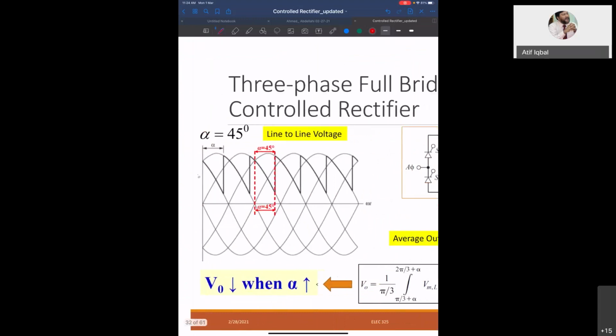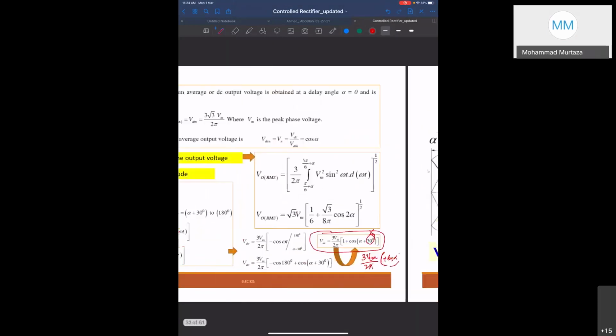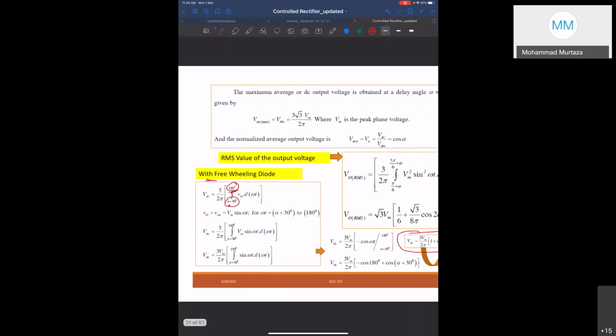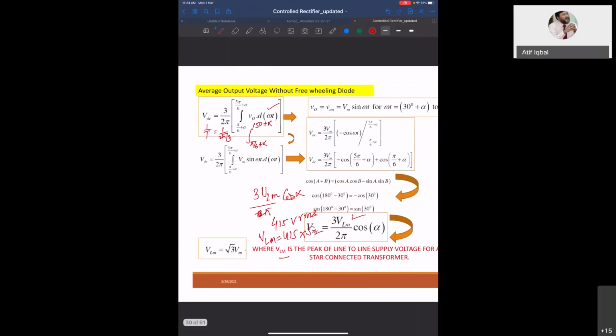Anyway, now we'll go to the 3-phase full bridge controlled rectifier. Yes. Doctor, is it VM or VLM? In the formula, it's written VM. Wait. This is a half-wave rectifier.